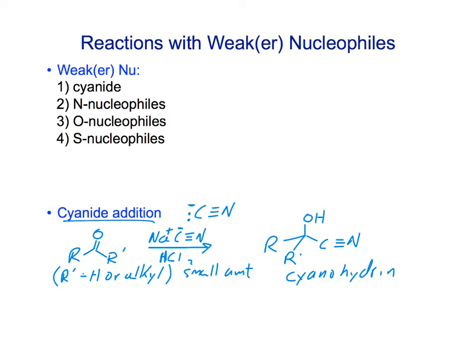It's kind of interesting that if we treat this type of product with hydroxide or a strong base, it'll just go backwards. It'll go back to the carbonyl and kick out cyanide. And in fact, if you've ever heard that certain almond pits or peach pits, if you break open that little seed inside, they smell like cyanide or something.